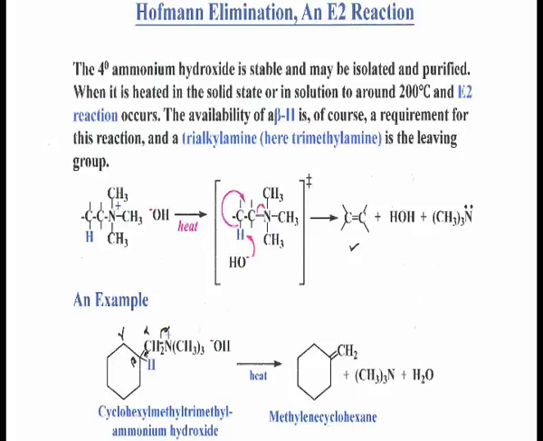This type of product is called the Hofmann product, where the more substituted alkene is the Regiochemistry product. And for the Hofmann product, the N-alkyl or quaternary salt of N-alkyl is very important, that is why you have picked up this example over here. So, this is a nice way to make the alkene in a less substituted site. So, this is a Hofmann reaction or Hofmann product.